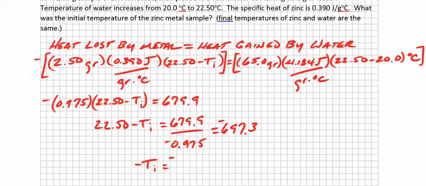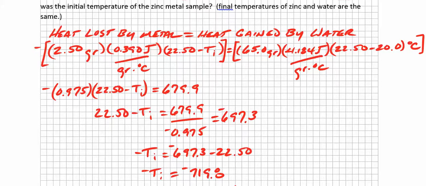When I multiply this times this, I get 0.975. Keep the negative sign right there. That times 22.50 minus T initial in parentheses is equal to, all this across, 679.9. Then 22.50 minus T initial is equal to, after the division, minus 697.3. Notice that minus Ti is equal to minus 697.3 minus 22.50.